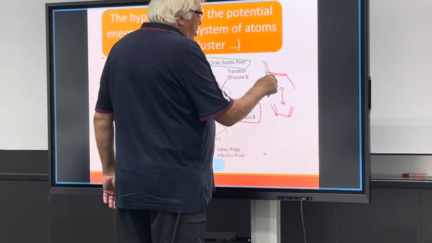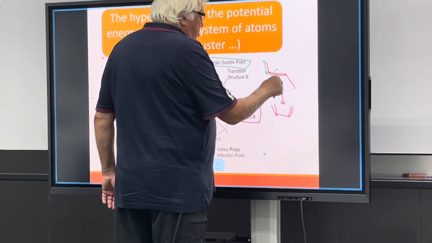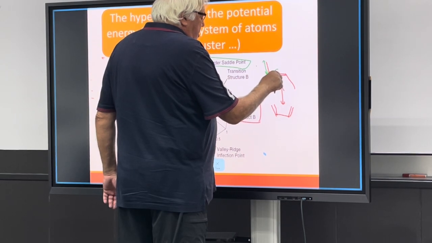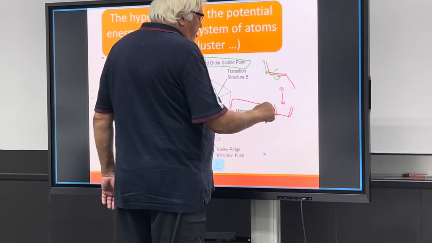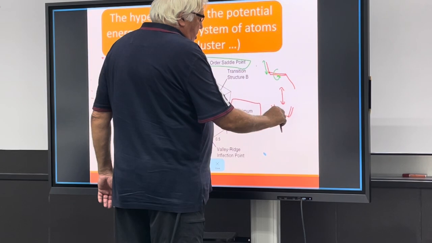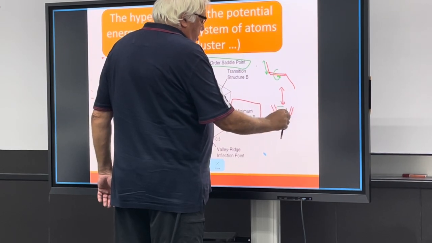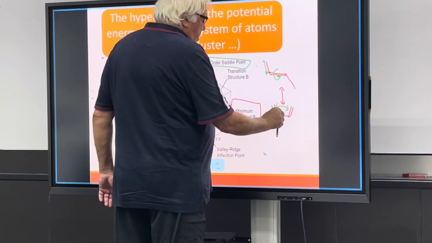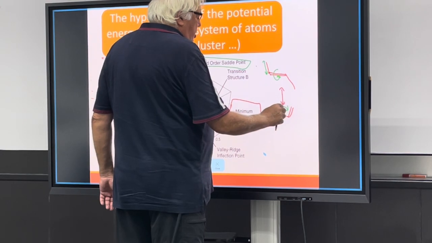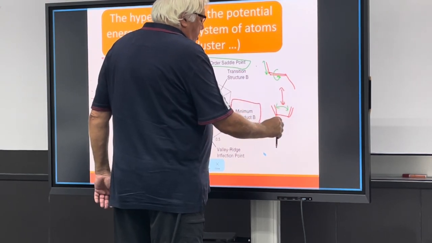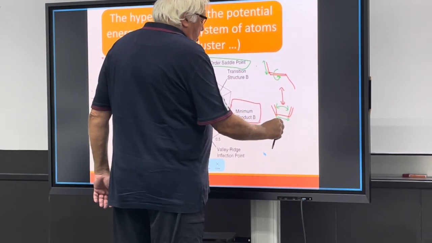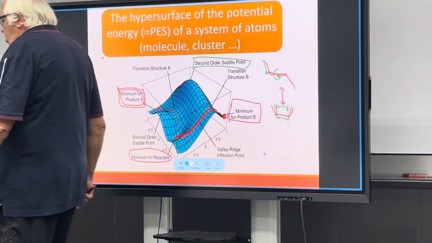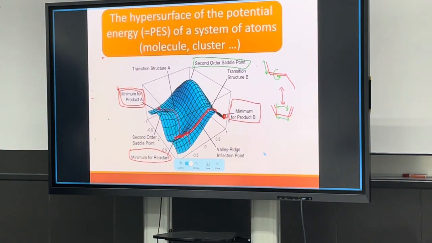We have the dimension, of course, the main dimension is this angle. That's the most important dimension. But we have also this angle here, which is important, and we have the other distance, which is important. And we have more than 5 or 6 dimensions that in principle we will have to look at.